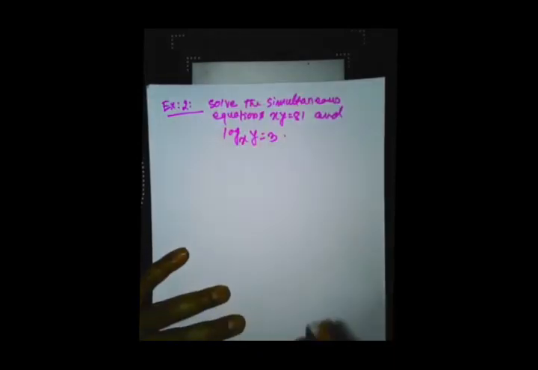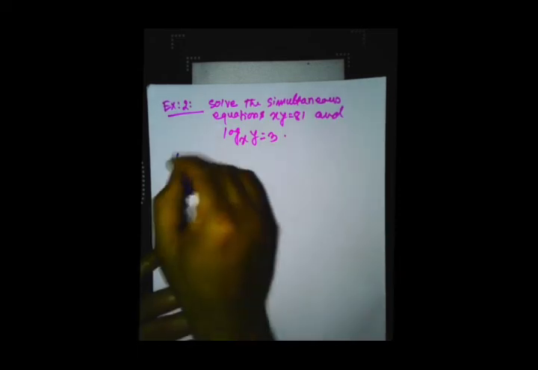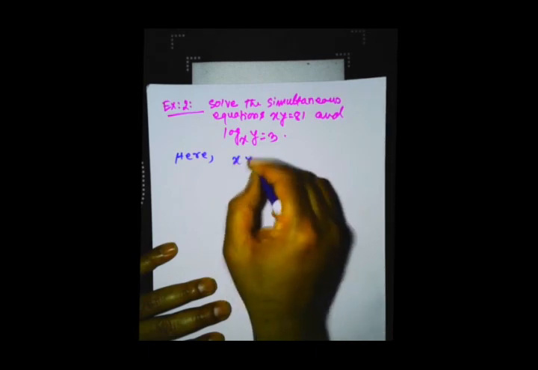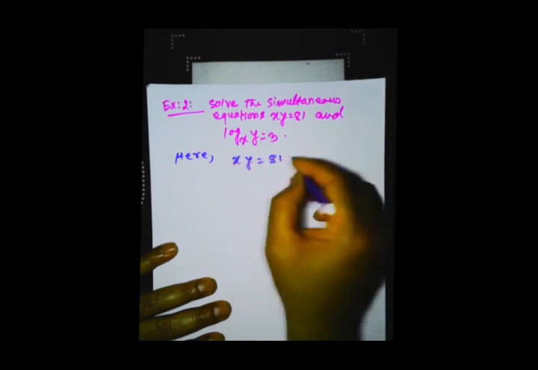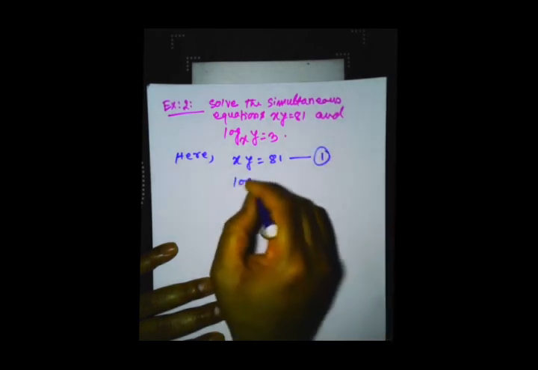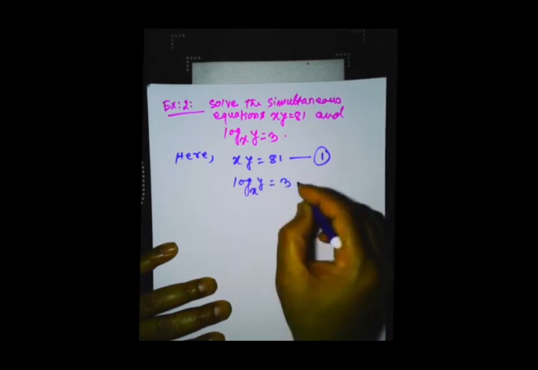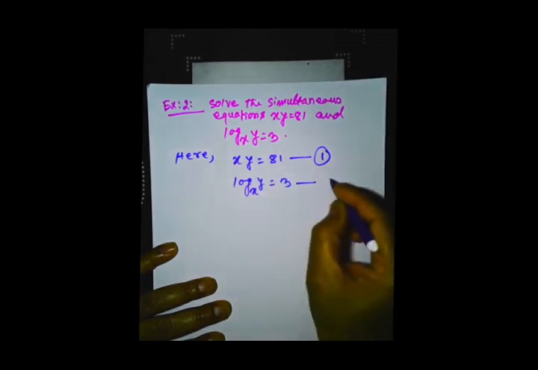This can also be done by using our usual way of solving simultaneous equations, but one additional knowledge that you require is the law of logarithm. So here you have got two equations. One equation is xy equals 81, this is equation 1, and another equation is log to base x of y equals 3, and that is the second equation.